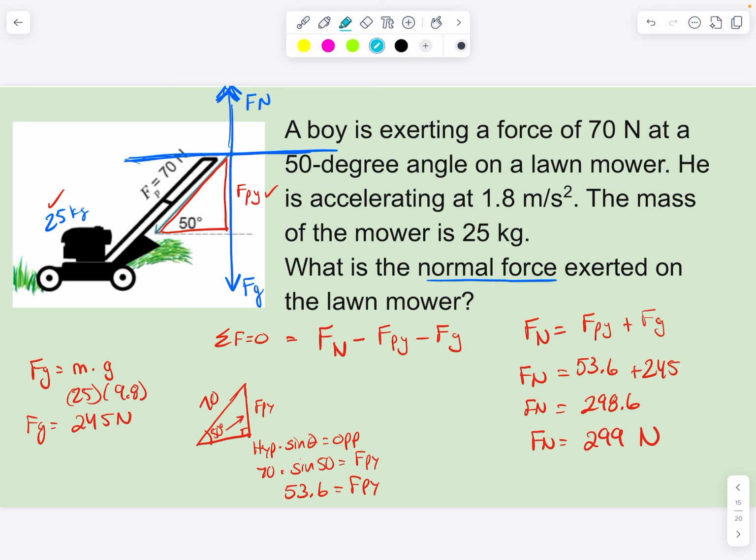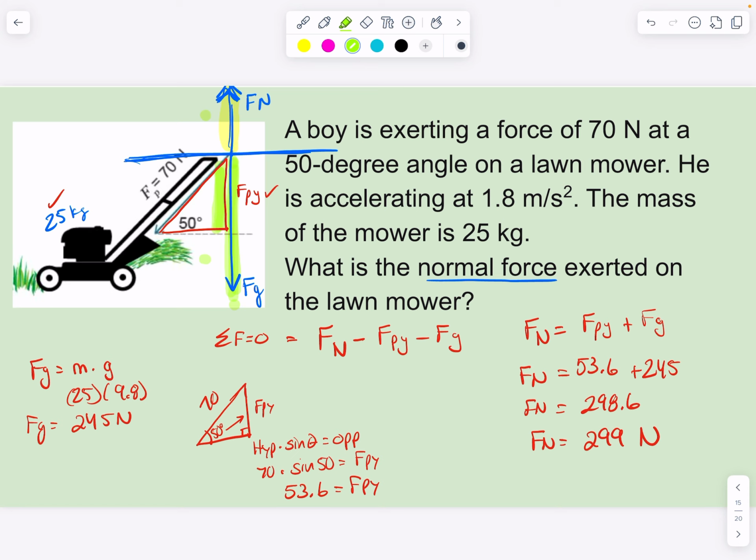So what that shows, once again, is that the normal force here is going to be equal to the force of gravity and the force of the exertion pushing the lawnmower in that downward motion. So these two vectors here combine to equal this one vector there. I know they don't look like it because it's just a picture, but that's what we're trying to say overall when we look at this.